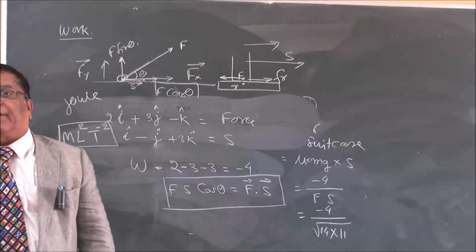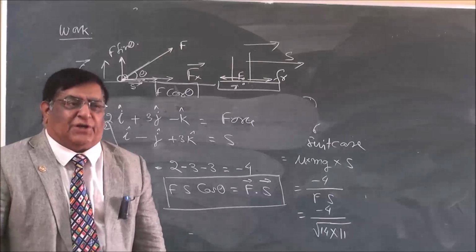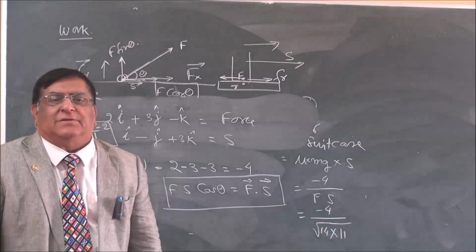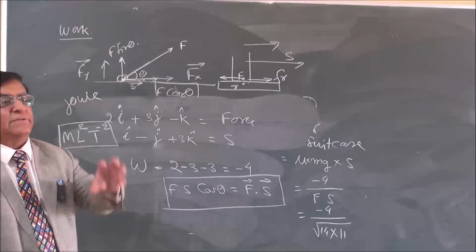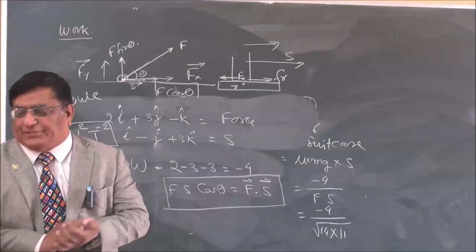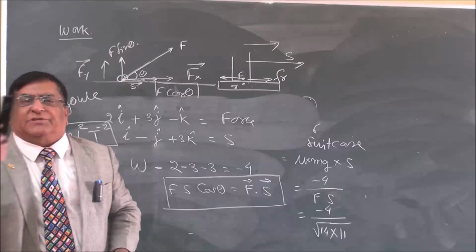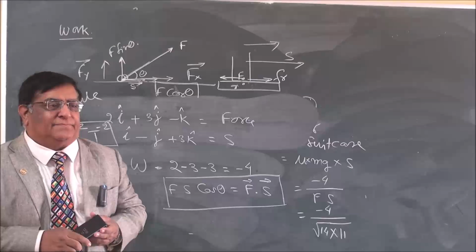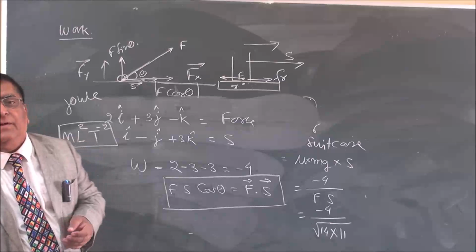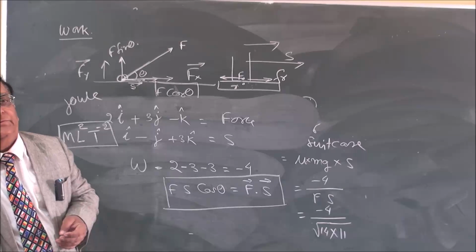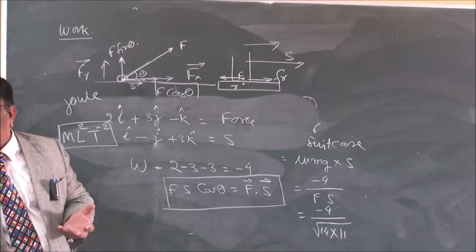Another type of energy, capacity to do the work, is potential energy. Potential is location, position, configuration. That all makes potential energy. If the position of a body is such that it is able to do the work, how do I know? I have to try it.